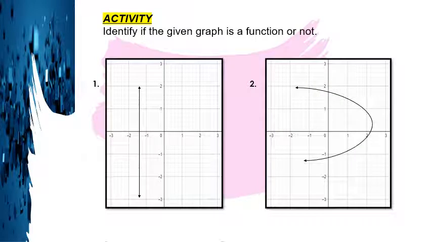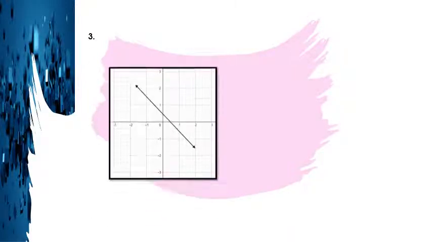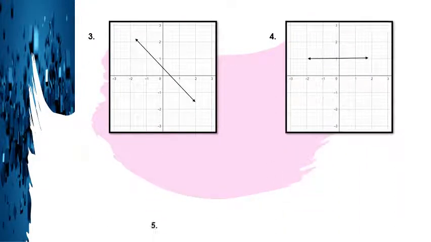We did not draw the vertical line test, but if you check it, a lot of points lie on the straight line, so it means it's not a function. And number 2 also is not a function because with the vertical line test there are 2 points that lie on this graph.